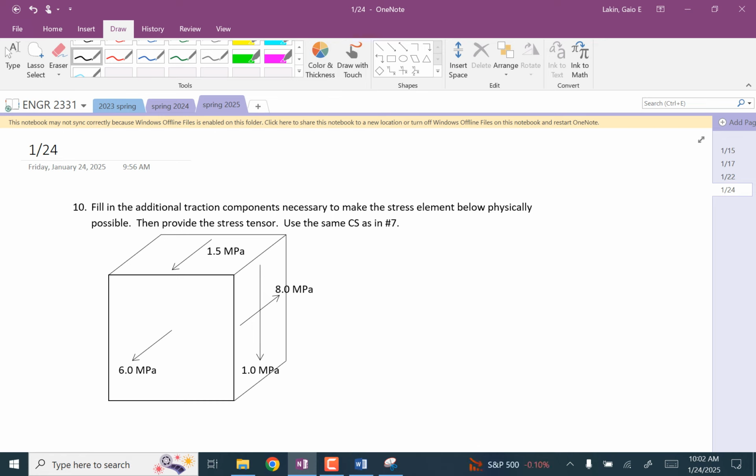The symmetry of the stress tensor means because there's this 1 megapascal thing going down, there has to be a 1 megapascal thing going this way.